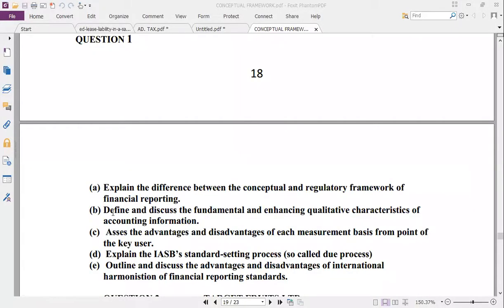Now, B, define and discuss the fundamental and enhancing qualitative characteristics of accounting information. So define and discuss the fundamental qualitative characteristics.